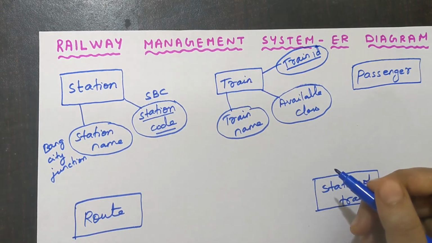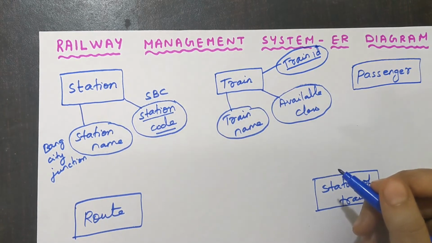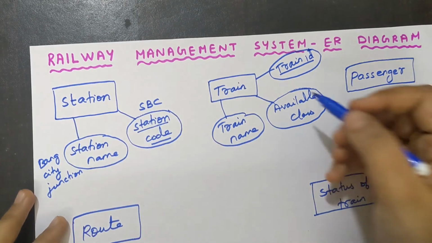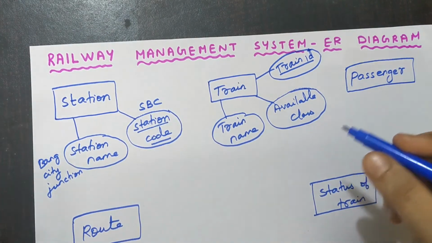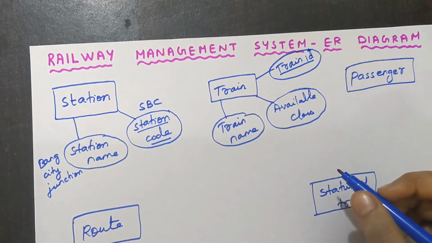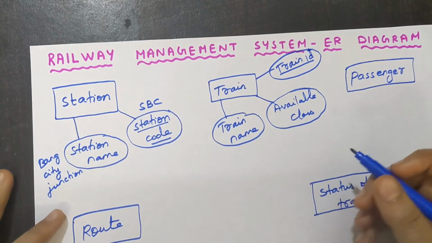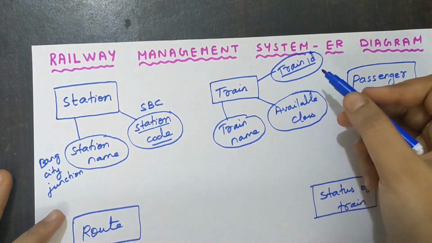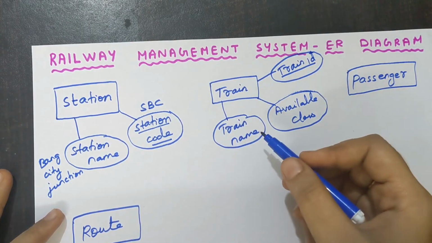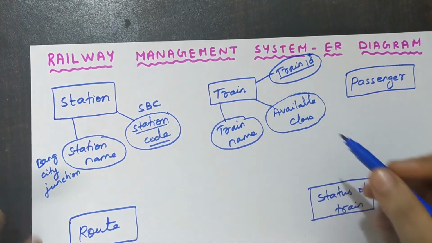When a particular number is not the train ID for any other train, we can easily say that this number is unique. When it is unique, we can call it a primary key. So train ID is unique for every single train. For one train, if the ID is 12345, for no other train will the same ID be kept. Therefore, it is a primary key, so I have underlined it. So these are the attributes for the entity train.